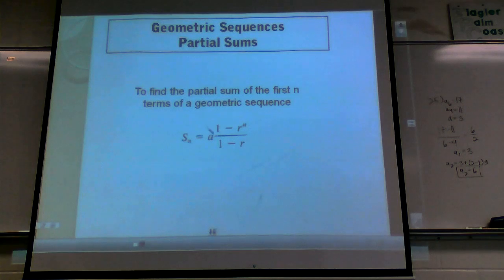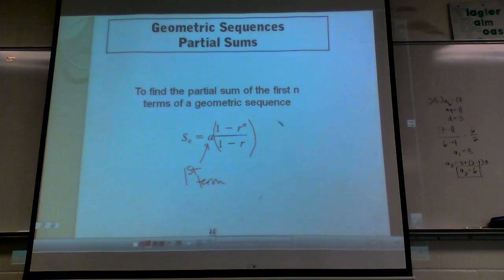What I'd suggest you do, guys, is make sure you group that in parentheses so you understand. You do everything that's in the parentheses first, in terms of subtracting, dividing, and so on, before you multiply by A. And again, that A is the first term.